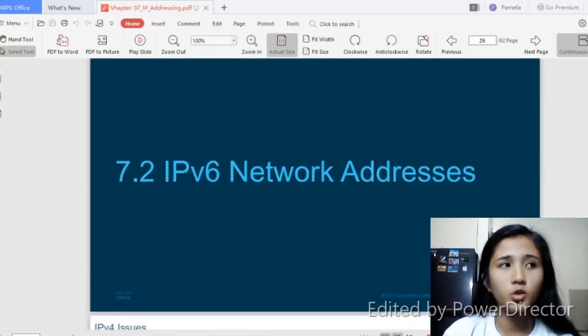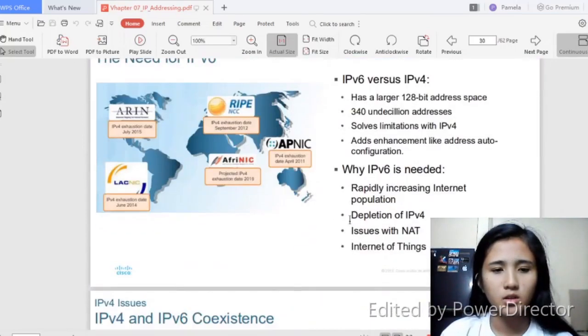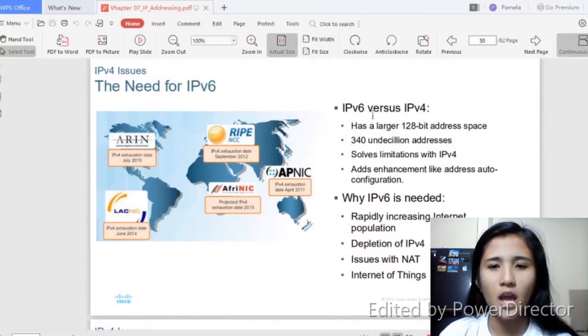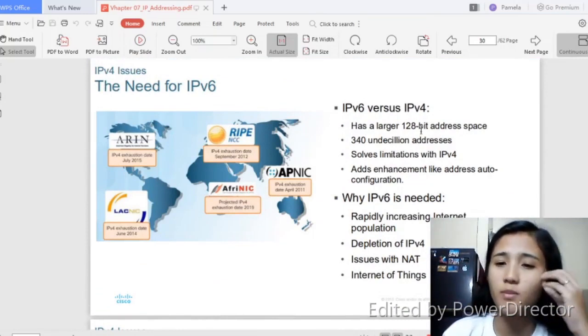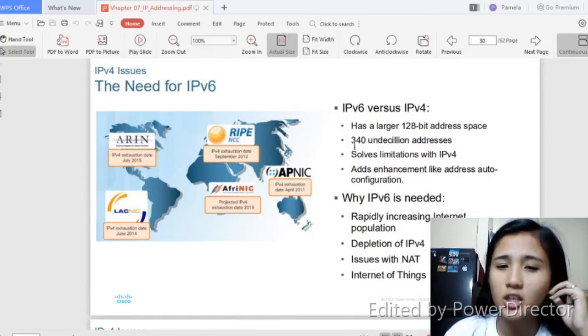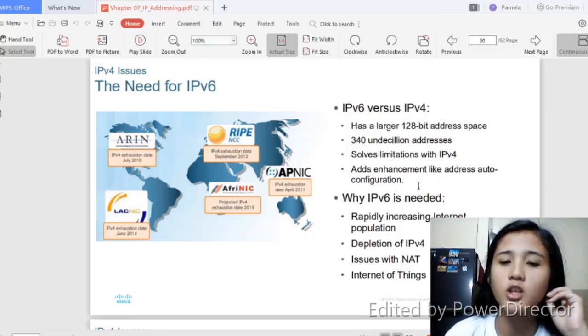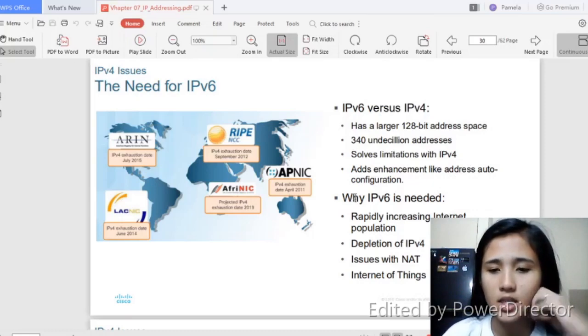So let's go to 7.2, the IPv6 network addresses. IPv6 versus IPv4. IPv6 has a 128-bit address space, 340 undecillion addresses, solves limitations of IPv4, and adds enhancements like address auto-configuration. Why is IPv6 needed?